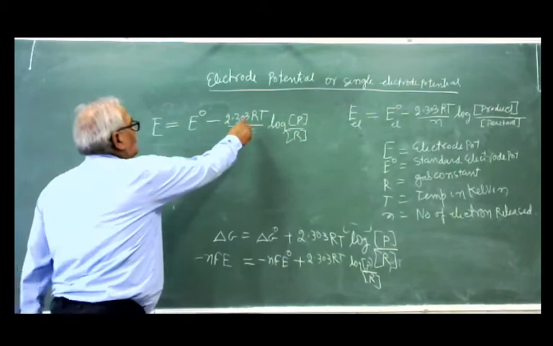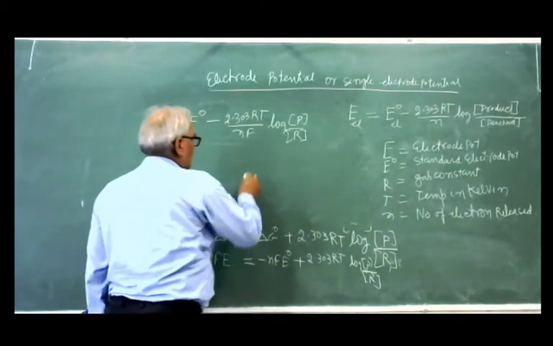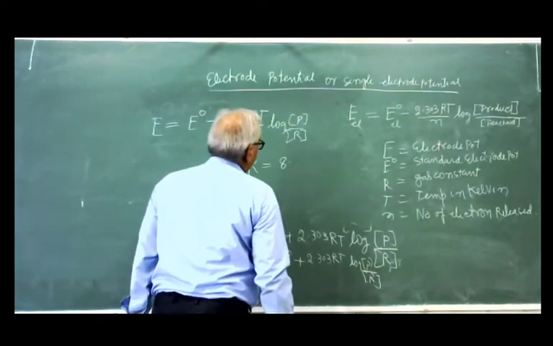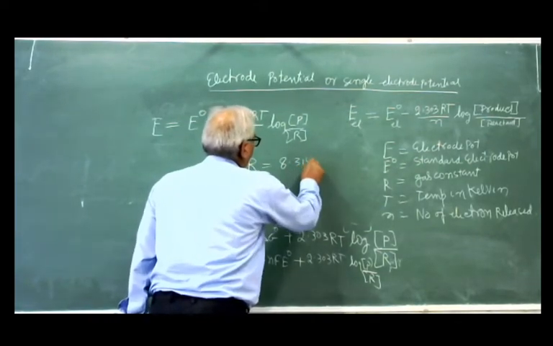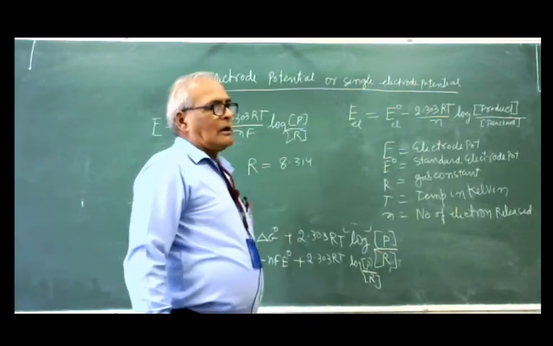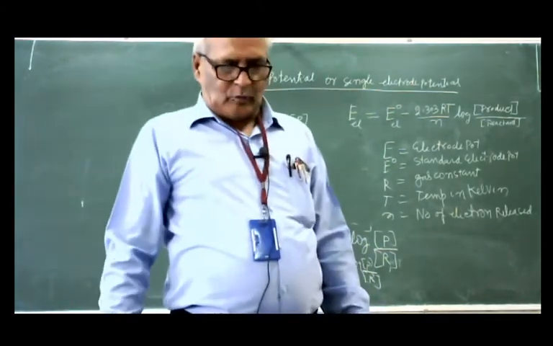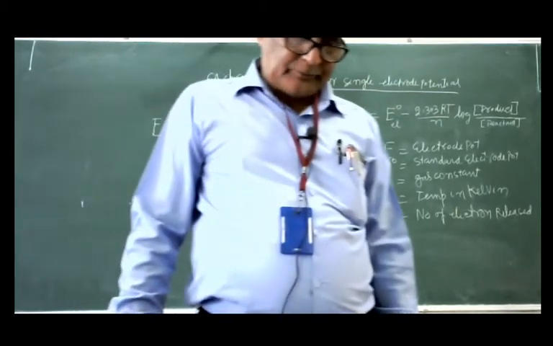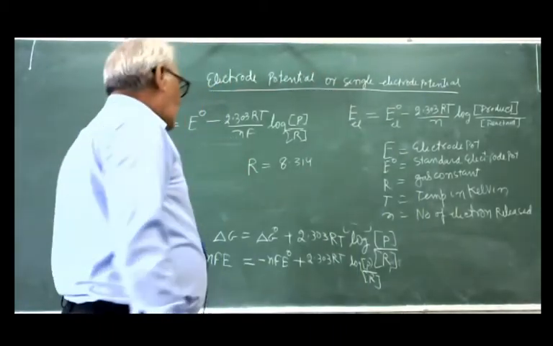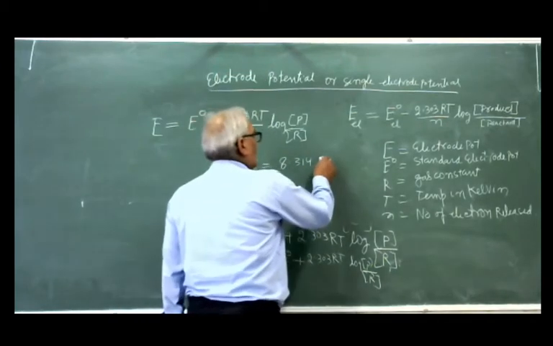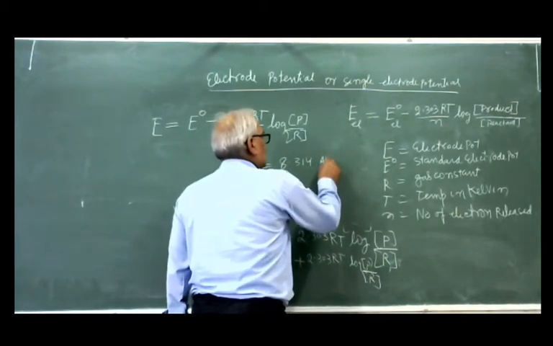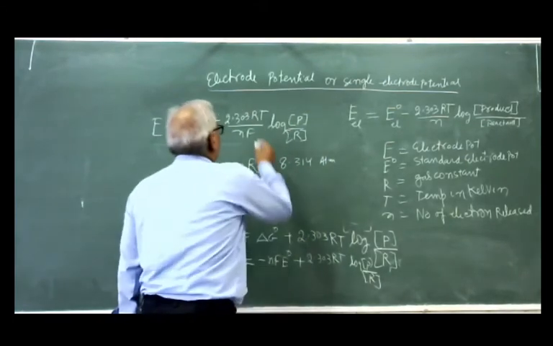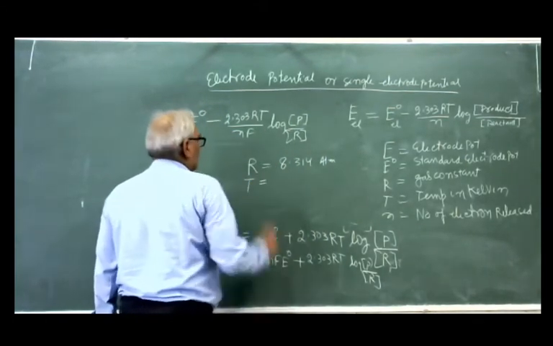So now put the value of R. The value of R is equal to 8.314. This is the value of R, the gas constant. T is temperature.